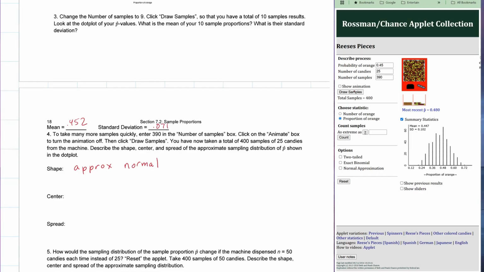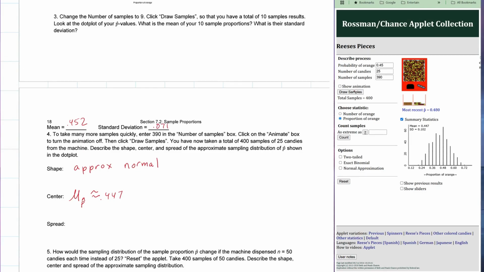The center, as we can see here, the mean was listed as 0.447. I need a good symbol for this. It's a mean, so I'll use mu, the mean of the p-hats. So the mean of the p-hats was approximately 0.447.